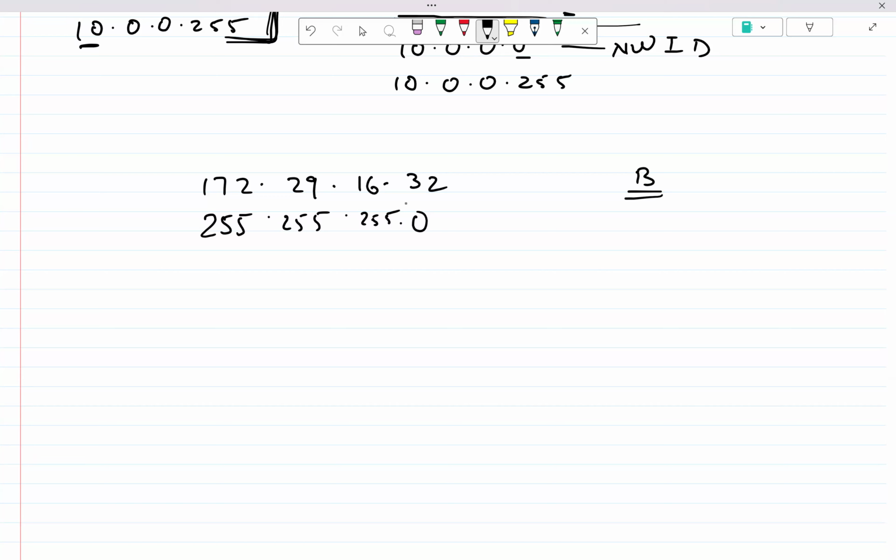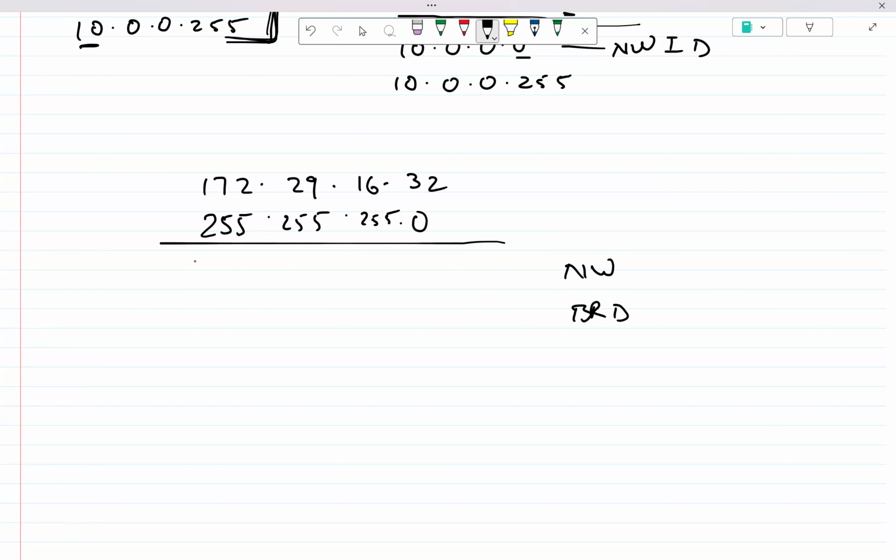So even in this scenario, it is a classless IP address, where this is a class C address mask, but this is a class B IP address, and hence it is called classless. If you are asked what the network ID and the broadcast ID are, it's very simple. The way we did it for classful, we will do it for classless as well.